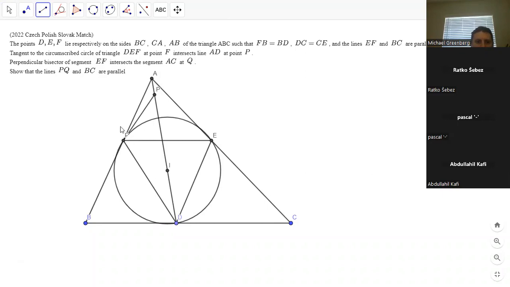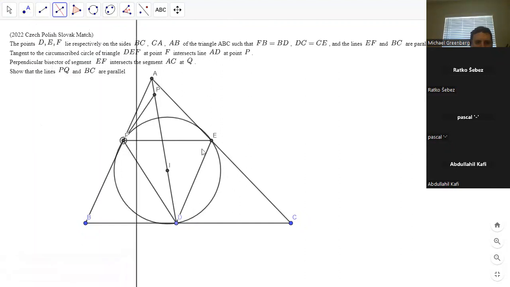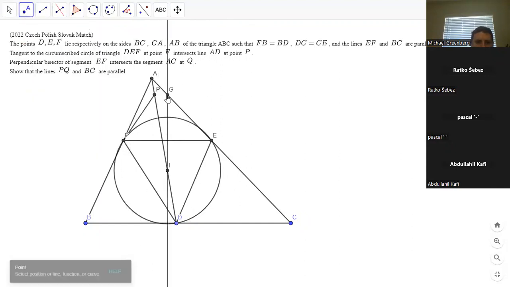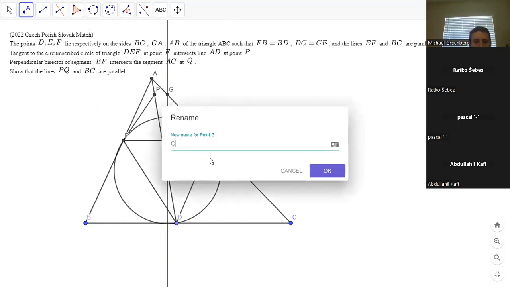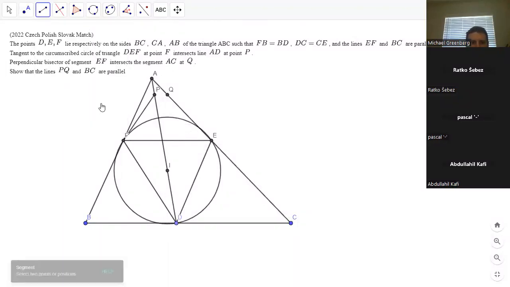And the perpendicular bisector of EF intersects AC at Q. So that would pass through I, and it intersects it at Q. And we want to show PQ and BC are parallel. This might be really easy. Let's see.